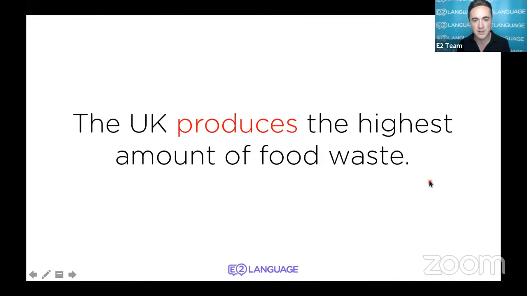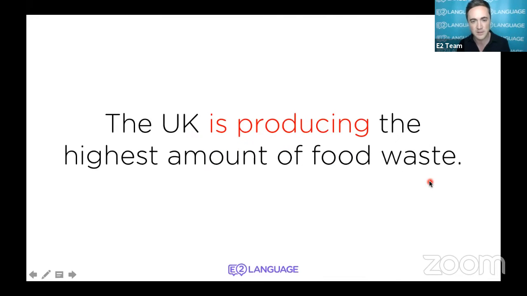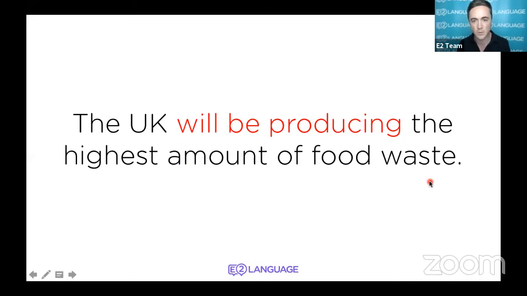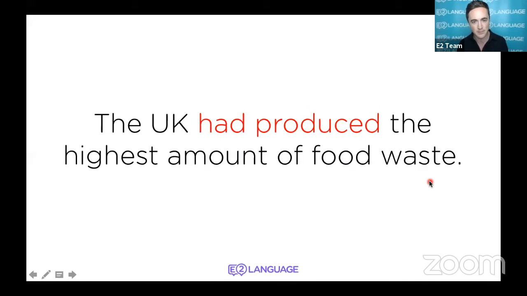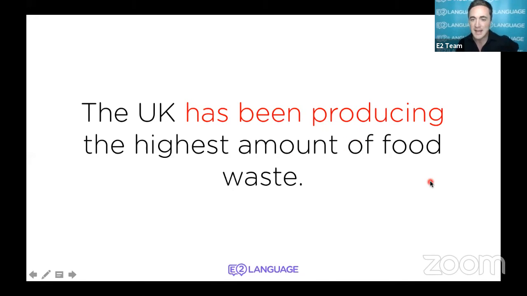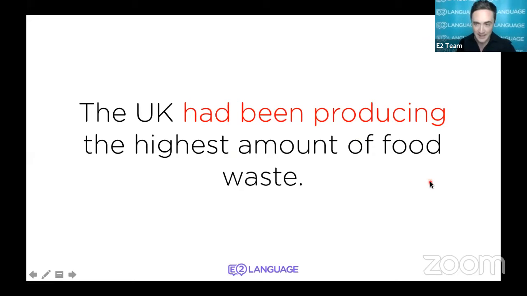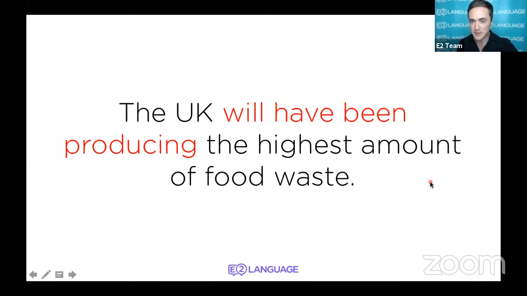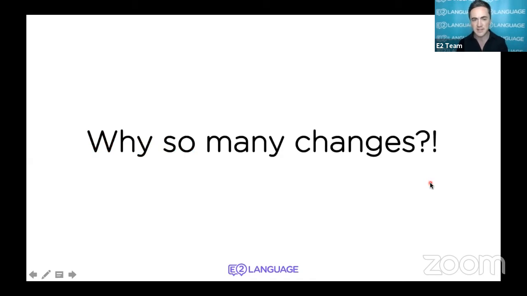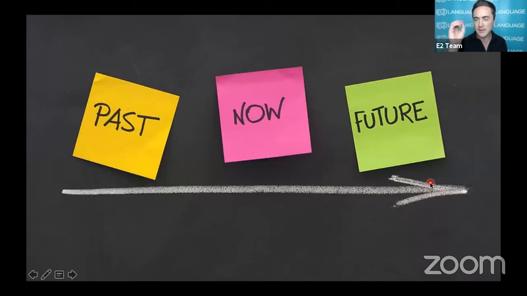Produce, produces, produced, will produce, is producing, was producing, will be producing, has produced, had produced, will have produced, has been producing, had been producing, will have been producing. Why so many changes? Because we need to tell the person we're speaking to when this thing was produced, will be produced, is being produced, etc. In other words, we need to locate it in time.